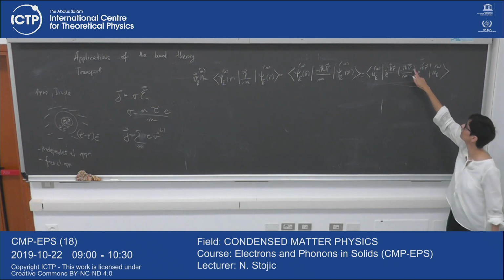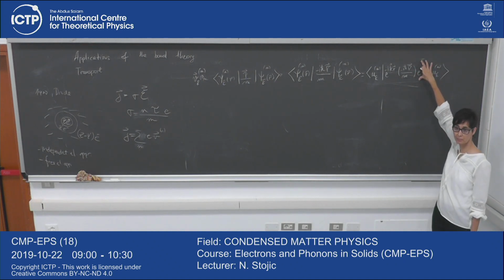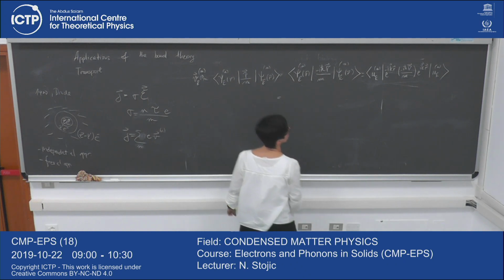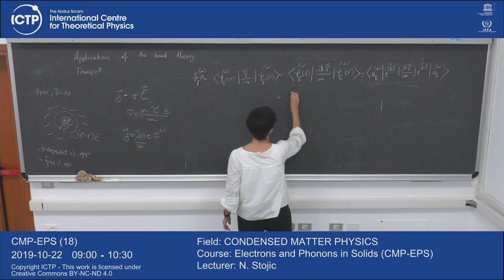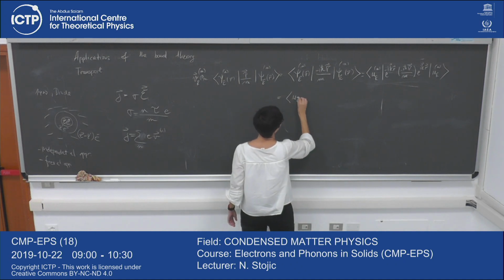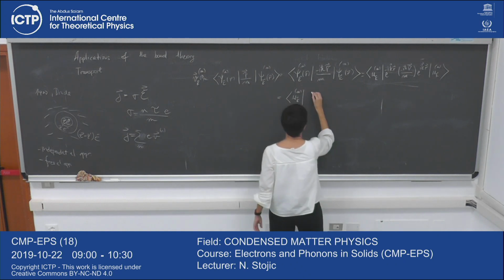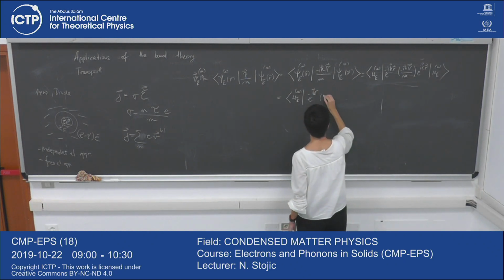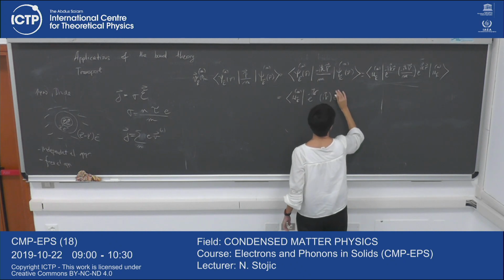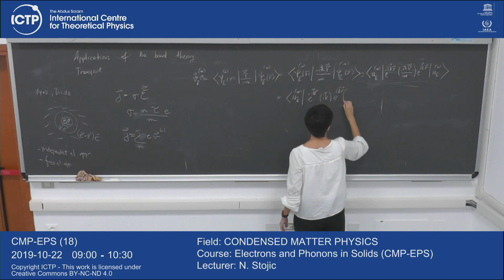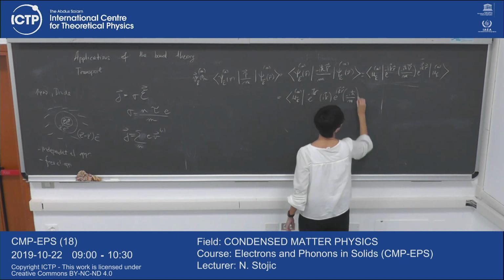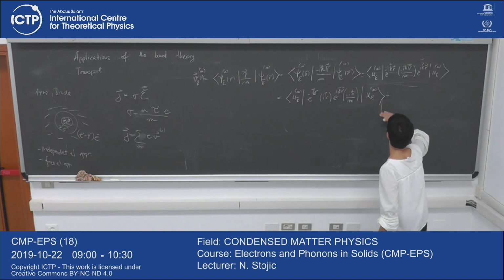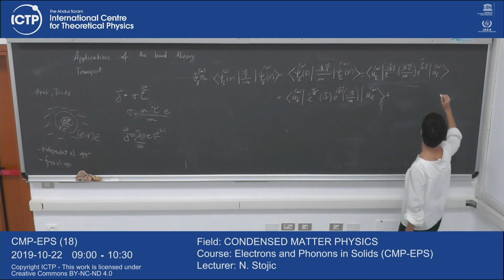So now I can take this gradient, first of the phase part and then of the function. So this will give ik, plus this.